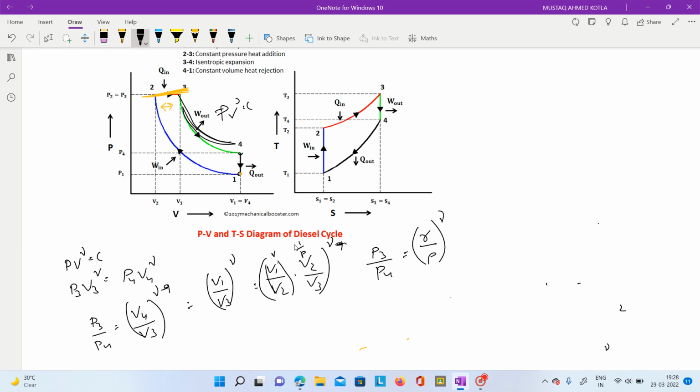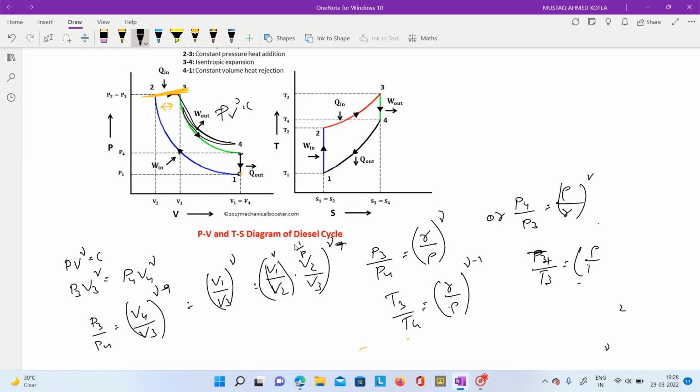Similarly, we can write T3 by T4 equals r by rho whole power gamma minus 1, or P4 by P3 equals rho by r whole power gamma, and T4 by T3 equals rho by r whole power gamma minus 1.